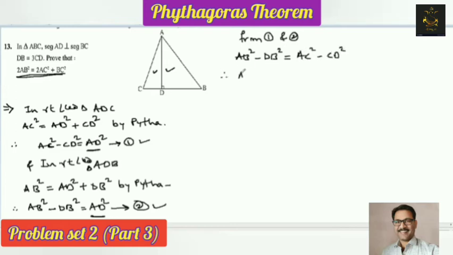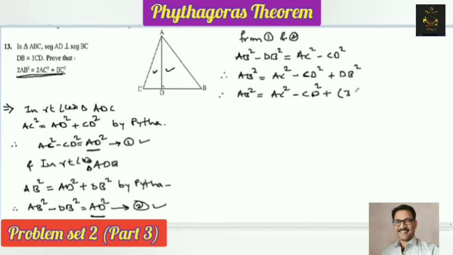Okay, we need AB square, so this AB square keep as it is. Take this DB to that side. So AC square minus CD square plus DB square. Observe. Okay, now we need AC, we don't need CD, we don't need this DB as well. Okay, see here. So this AB square keep as it is, AC square also keep as it is. Now CD and DB. Okay, both these are very important. Alright, this DB is nothing but thrice of CD. So we'll put here DB square means what? CD square plus, what about DB?